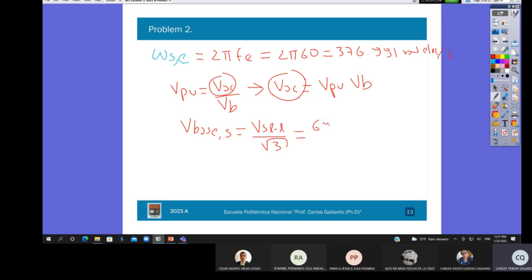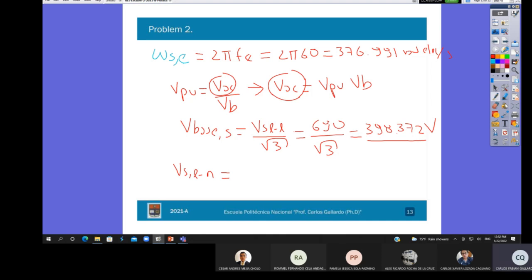So the output voltage of the generator is 690 volts over the square root of 3, and this is equal to 398.372 volts. Therefore the line to neutral voltage, I will convert to actual values. The stator line to neutral voltage is equal to, this is the actual value.